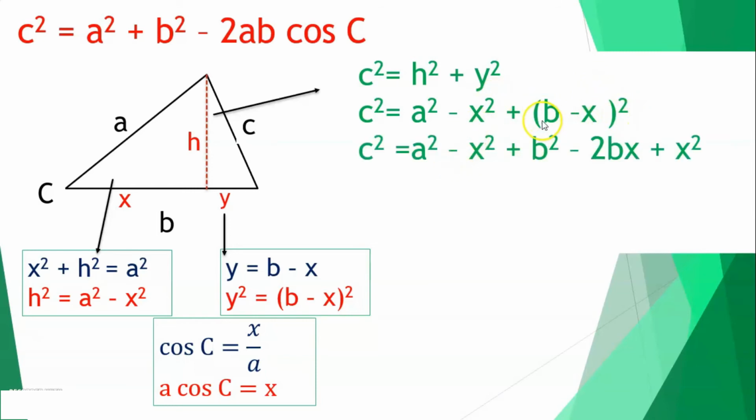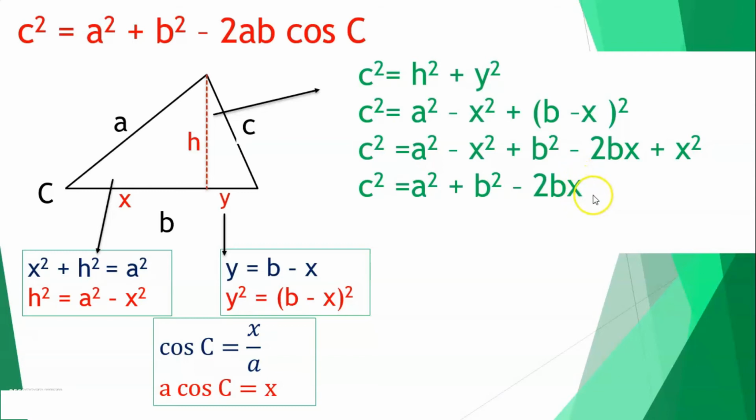Expanding this one, this would become b squared minus 2bx plus x squared. Again, we can cancel negative x squared and x squared. So with that, we will have a squared plus b squared minus 2bx.